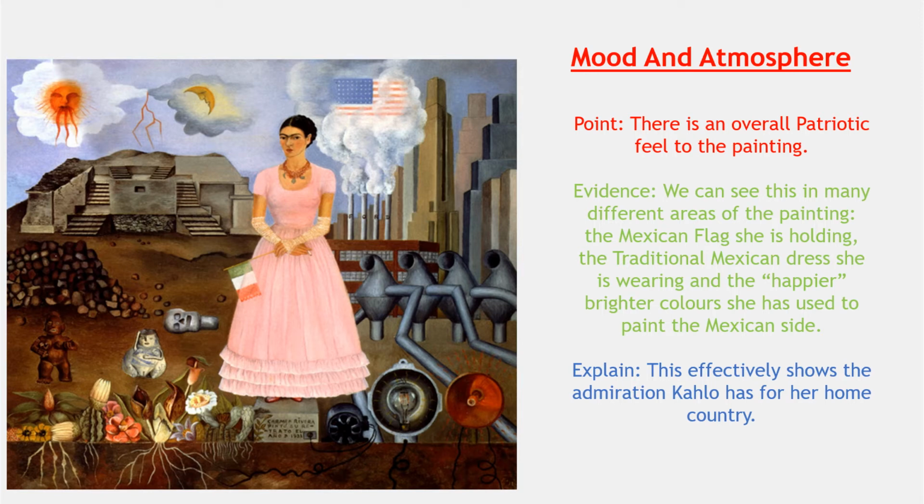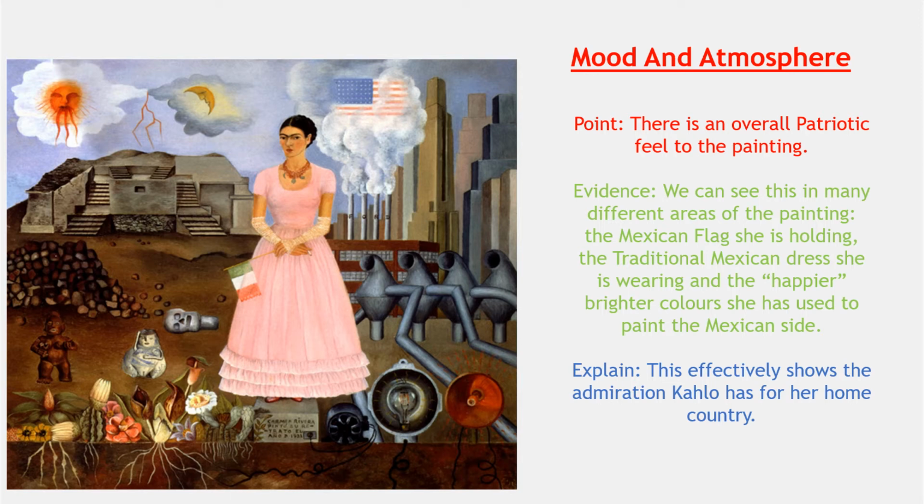We can see it in the variety of the use of colour that she uses from left to right of the painting, where in the Mexican side, where the plants and vegetation are in the foreground, the colours are a lot happier and brighter. They link in with the colour of her dress.